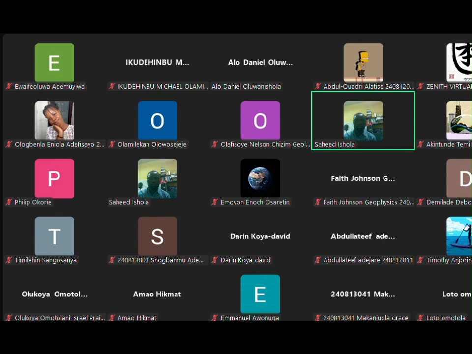We also need to look at what kind of target we are interested in. Is that target a very small target? If the target is very small, what distance can the antenna and the receiver be? If the target is so deeply buried into the ground, what will be the distance between the transmitter and the receiver?